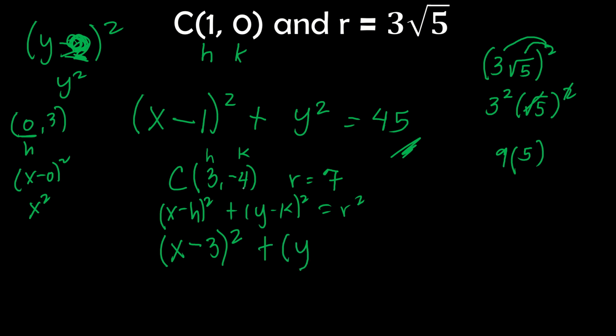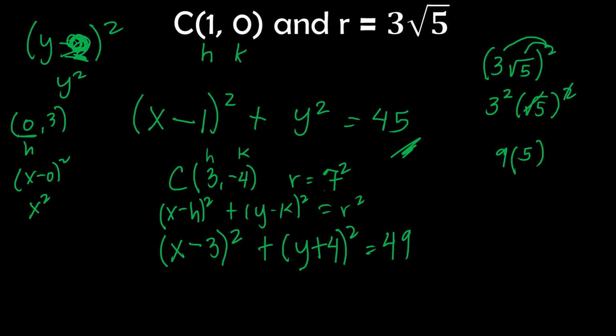Ang k natin ay negative 4. Kabaligtaran ng sign ng negative 4. So we have positive 4 squared is equal to 7. Ang kailangan natin ay r squared. Ito ay r lang. So 7 raised to 2, 7 squared is 49. So we have the standard form as x minus 3 squared plus y plus 4 squared equals 49. Okay po? So ganyan lang po yung gagawin natin. Mas madali lang to. Okay?